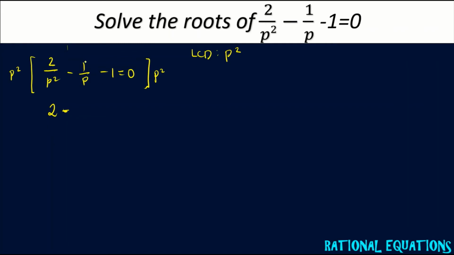Okay, and then times 1 equals 1p or simply p. Okay, and then minus, tapos na tayo dito, i-multiply naman natin p squared sa negative 1. So, p squared times negative 1, we have negative p squared. Then, it is equal to 0 times p squared equals 0.